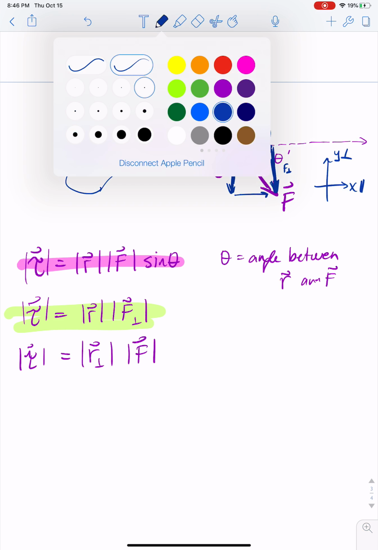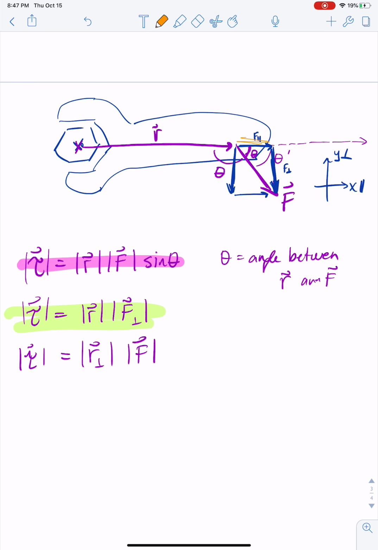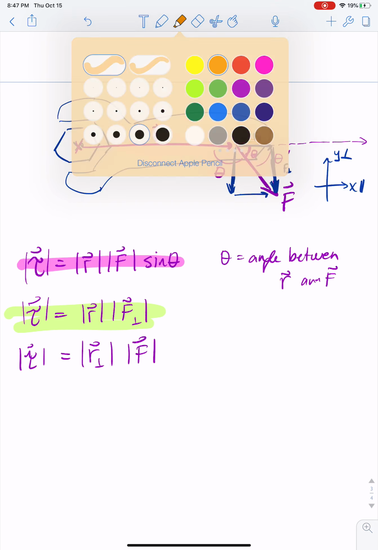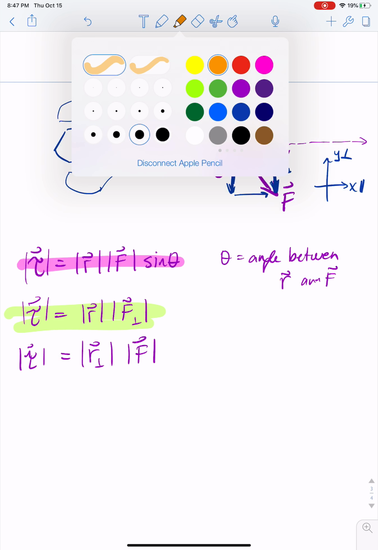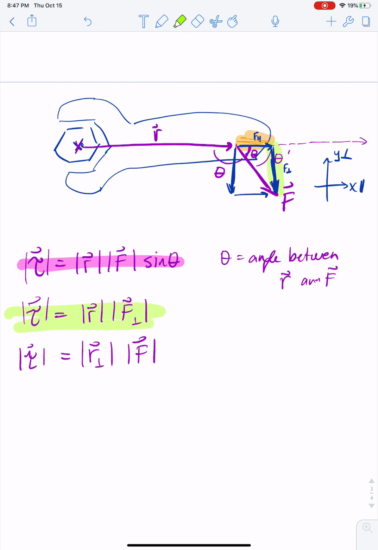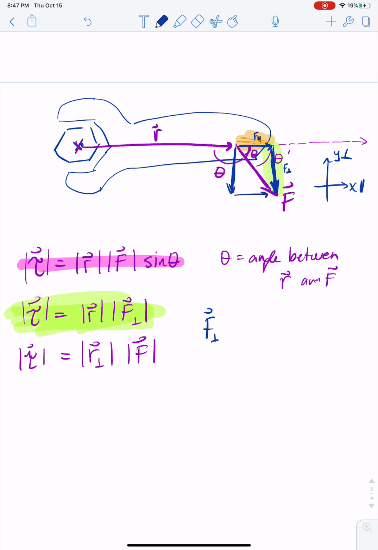Let me highlight each of these. So I'm going to highlight the parallel component in orange here because we're not going to use it. And then my perpendicular component, I'm going to highlight like this to match the color here. Okay. So the magnitude of that F perpendicular is F sine theta.